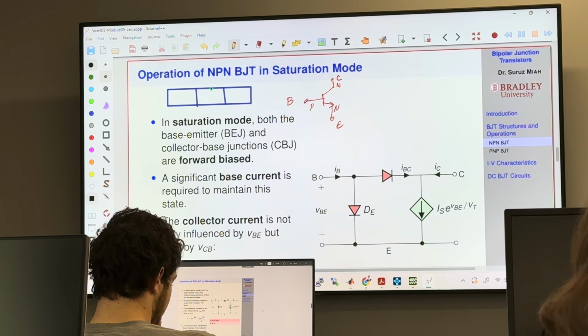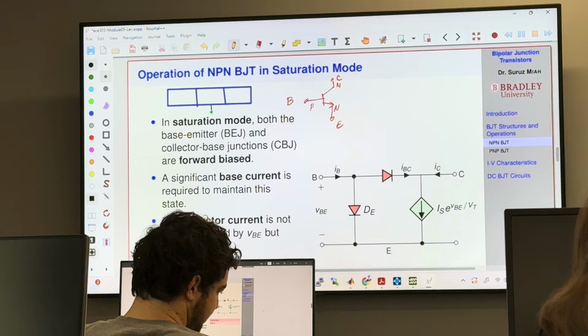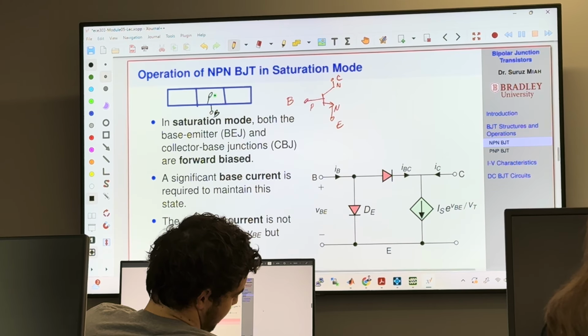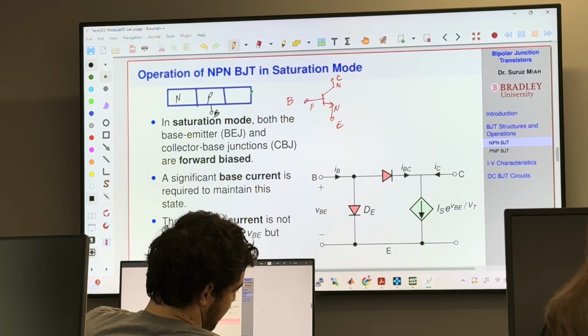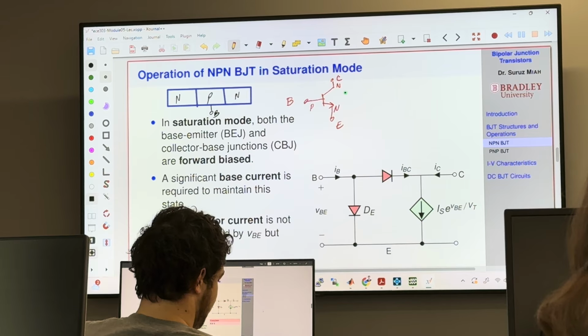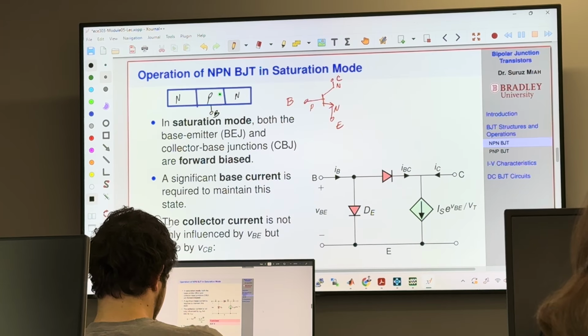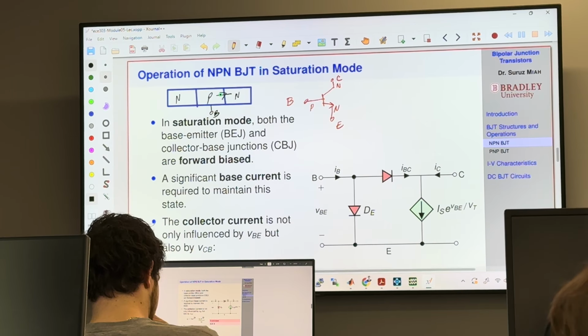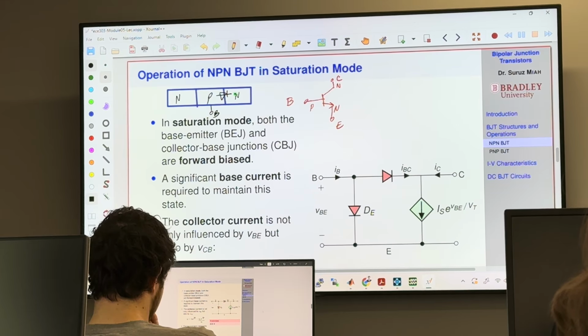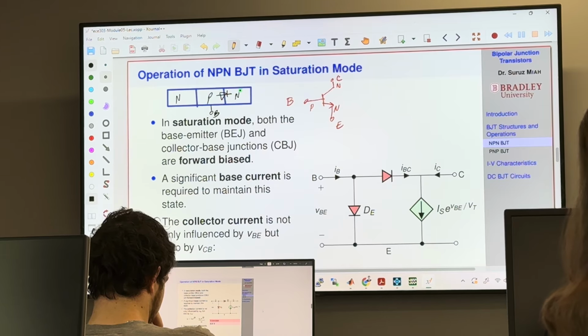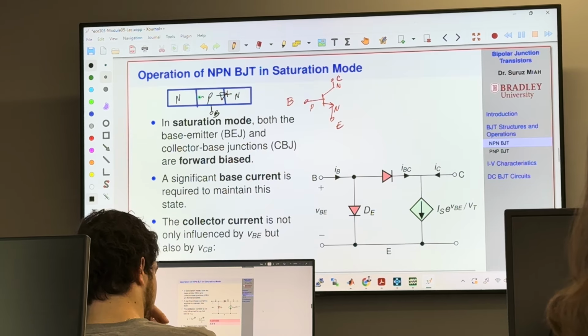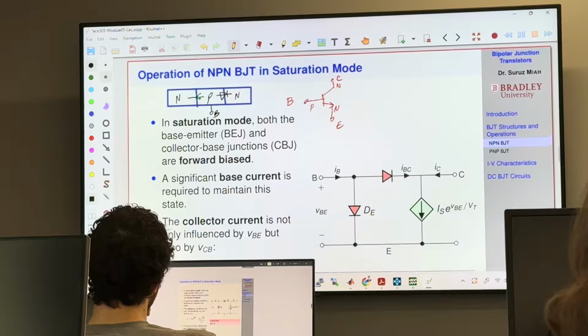So here you have the base, here you have P-type material, here you have N-type material, and here you have N-type material. So now, you see PN, you can think of this junction as a diode. And you can think of another diode right here, PN.